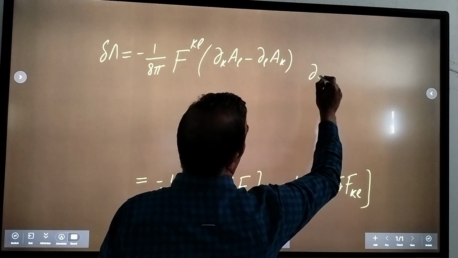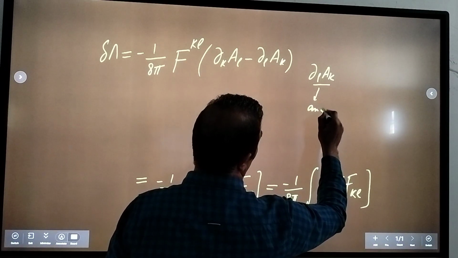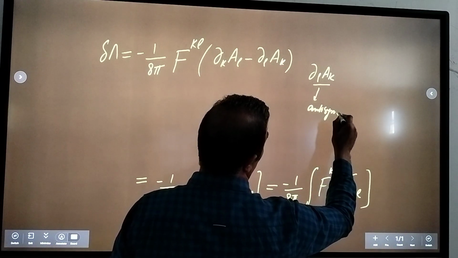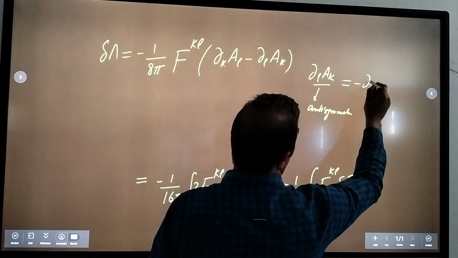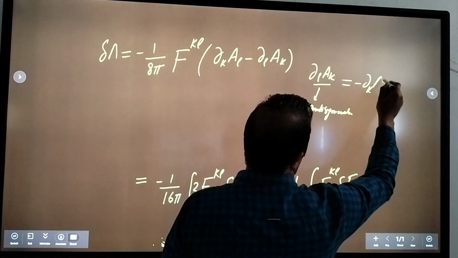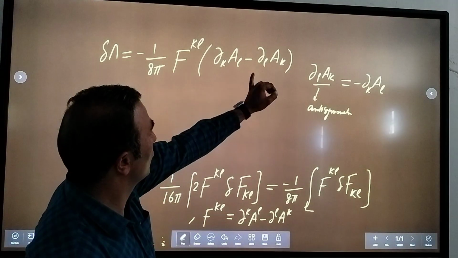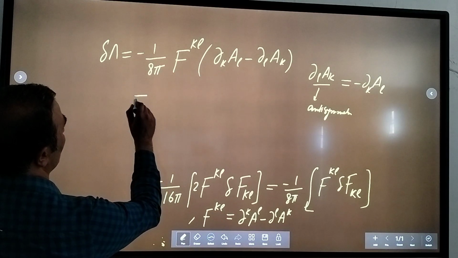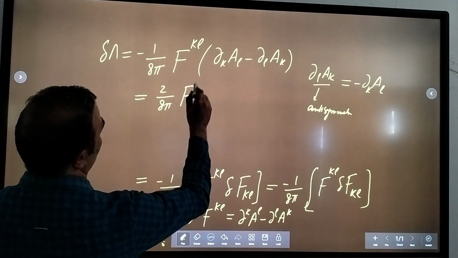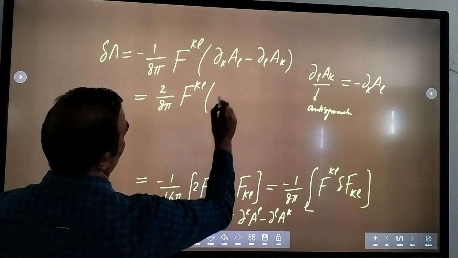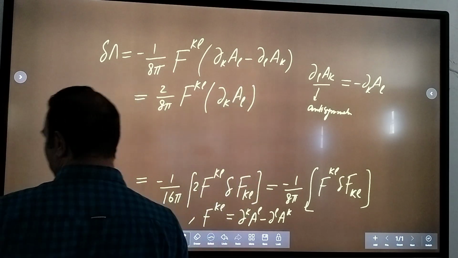So instead of this, I can write this as minus partial k, right? Because if you change the indices, this is minus. So you will get this here twice. So you write 2 divided by 8 pi F K L partial k.